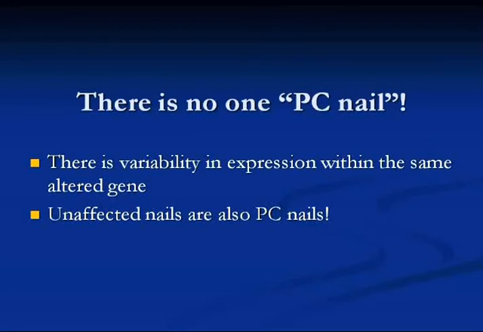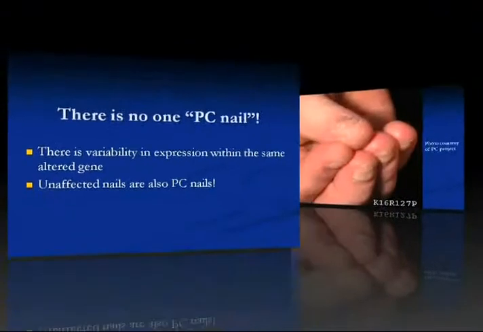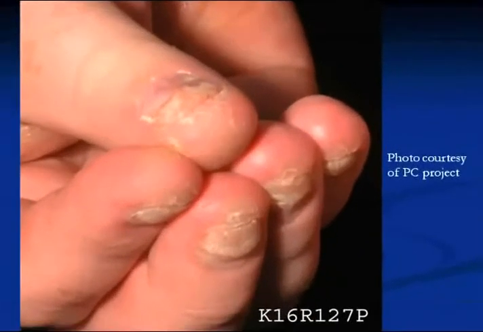Someone with a K16 mutation. You can see here the nail plate is actually this sort of thin part here, which is actually relatively unaffected. But you have a thickening here, and this is sort of a point of contention with Mary and I about, well, often these pictures when they're taken, the people are doing their normal grooming routine. So are these nails actually altered?